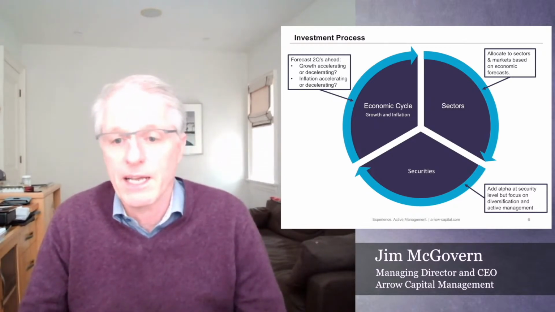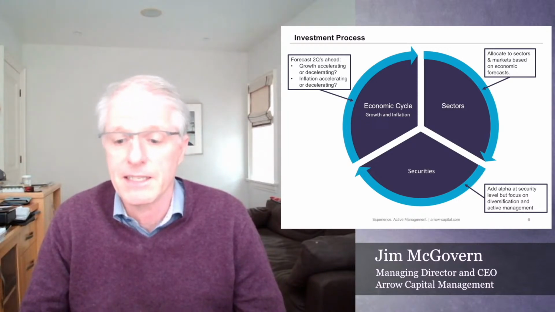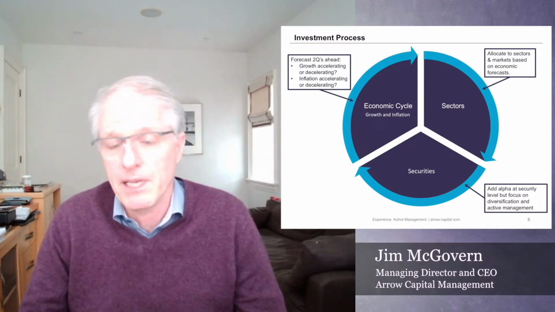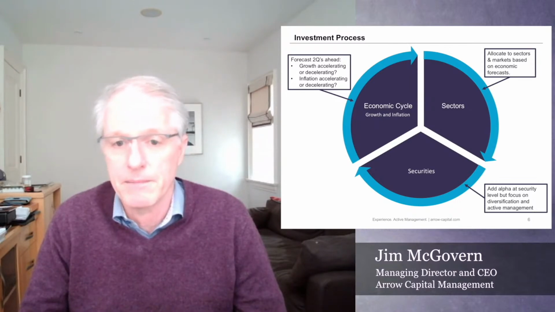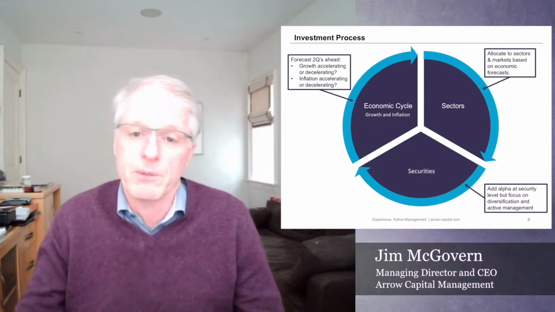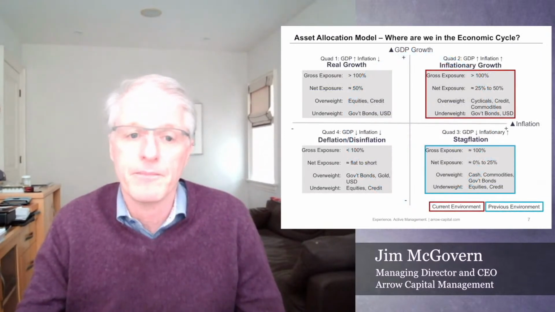Once we've set that forecast, we then allocate to the various sectors and asset classes. And then finally, we populate the portfolio from a bottom-up perspective. So we have analysts and research boutiques that help us with security selection as well.